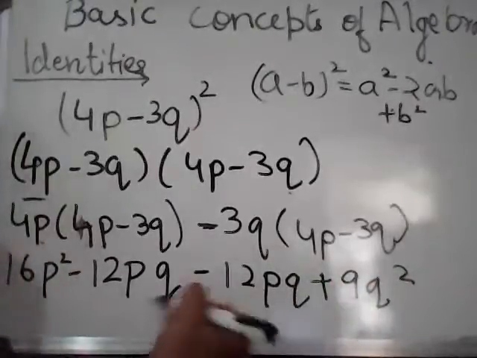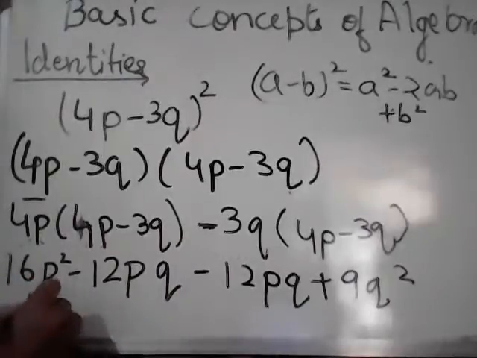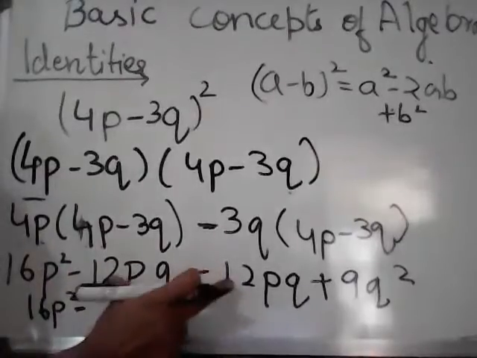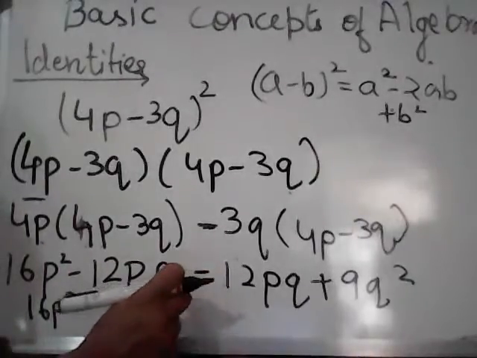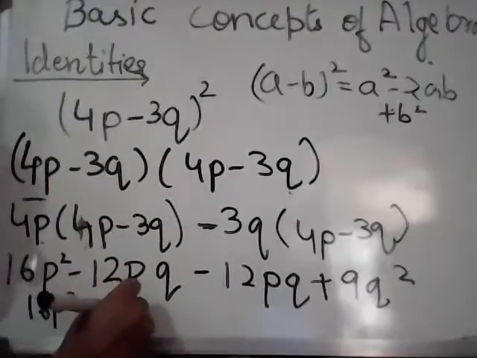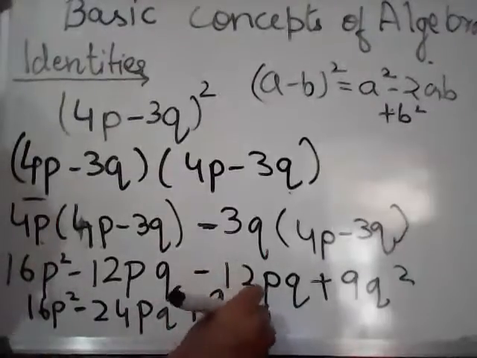Right? Now solving for like terms. 16P square minus 12, this is minus 12. We will add coefficients and put the variable part as it is. That is minus 24PQ plus 9Q square.